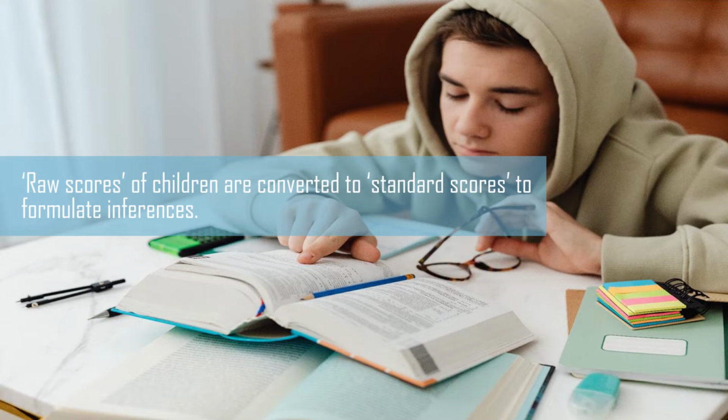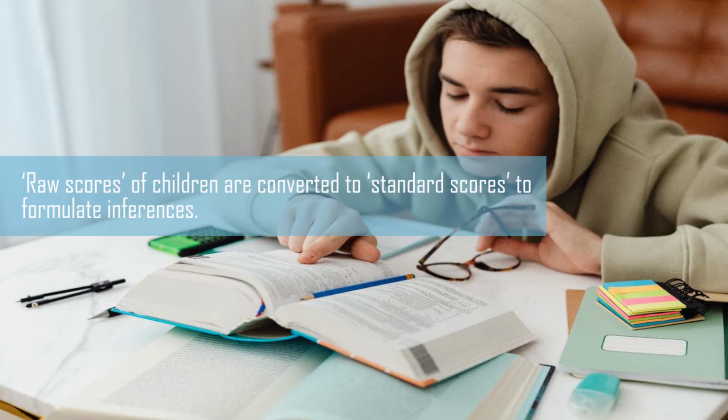So from raw scores to standard scores, many a time we use certain statistics to find out the average score and the standard deviation. At the same time, the Z score is a standard score, and the T score is a normalized standard score.